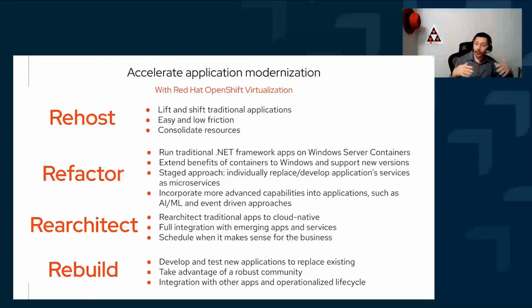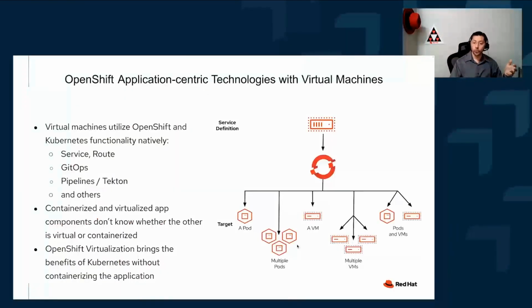And then when and if it makes sense, you can choose to re-architect your existing applications to cloud native and integrate more fully with the other cloud native applications and services that you're building. Or you could choose to, over time, retire and replace those apps by rebuilding or replacing the functionality with new applications and services. And then by doing this within the OpenShift platform, you introduce consistency and scale to your applications.